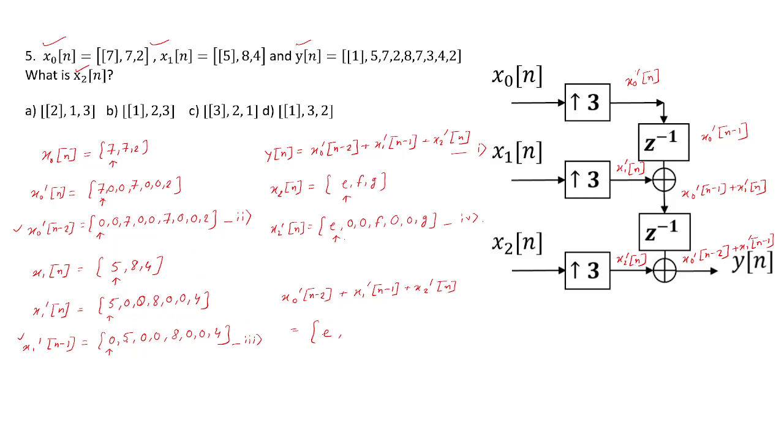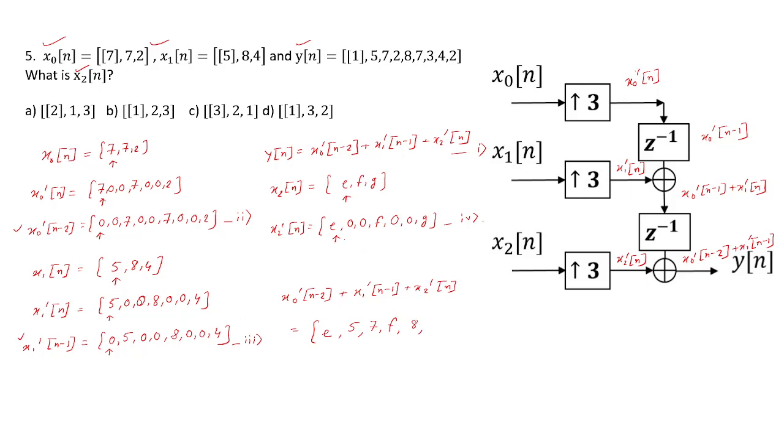The next is contributing 5, the second index contributing 7, the fourth one is contributing F, the fifth one is contributing 8, with 0 here, 0 here, so 8 here.